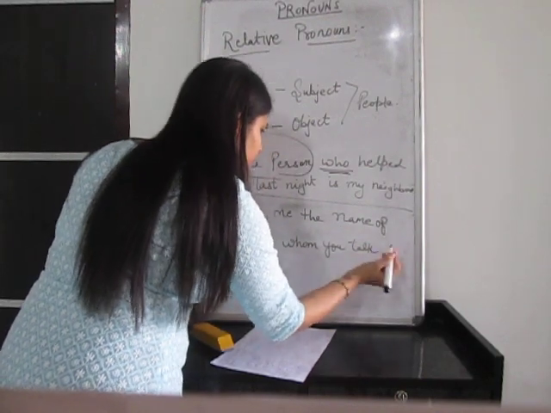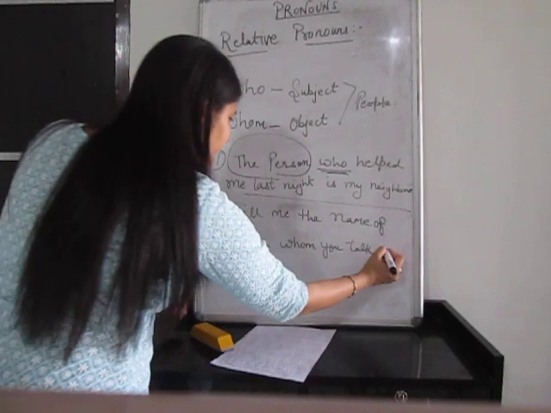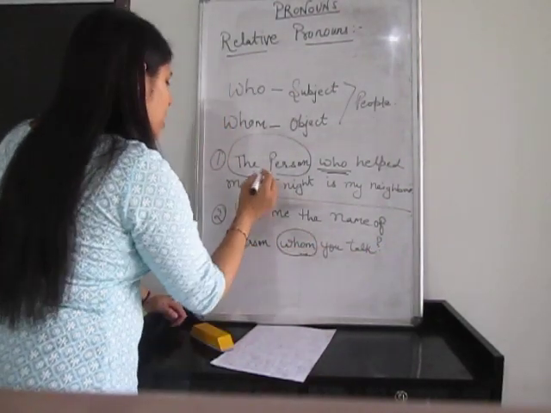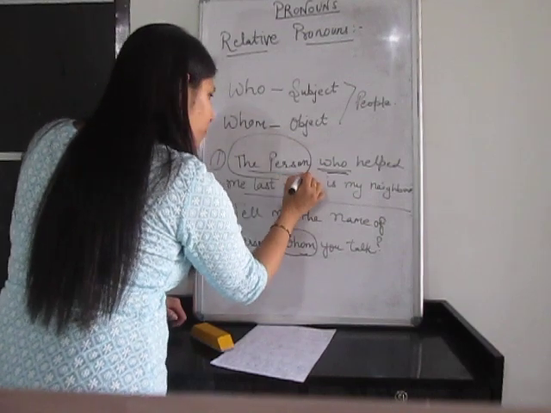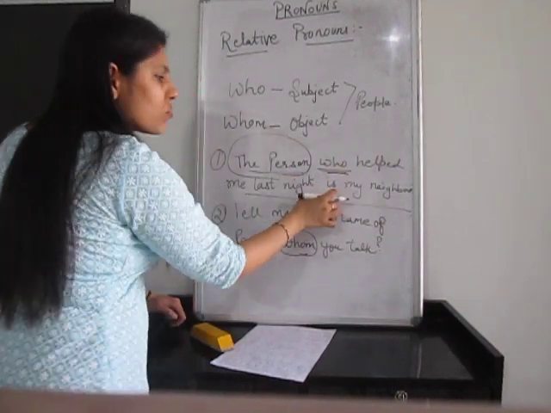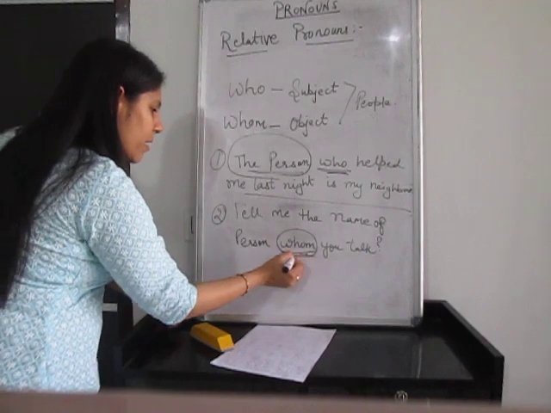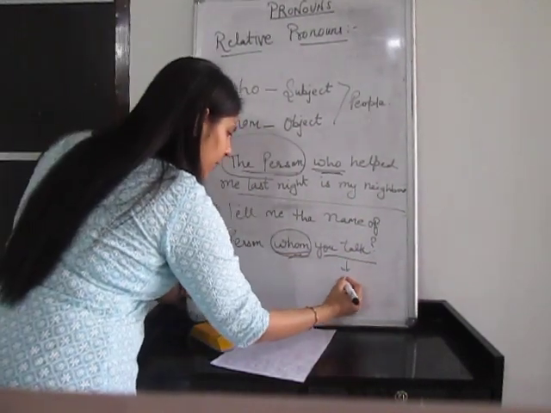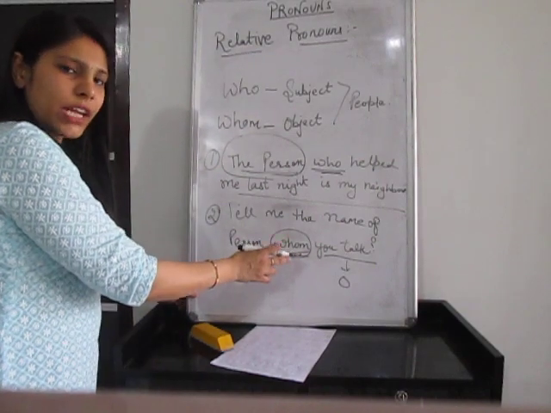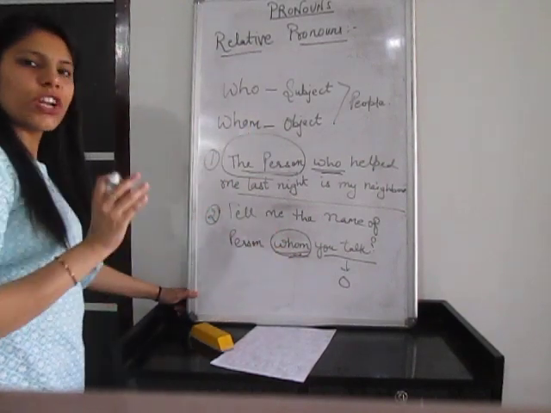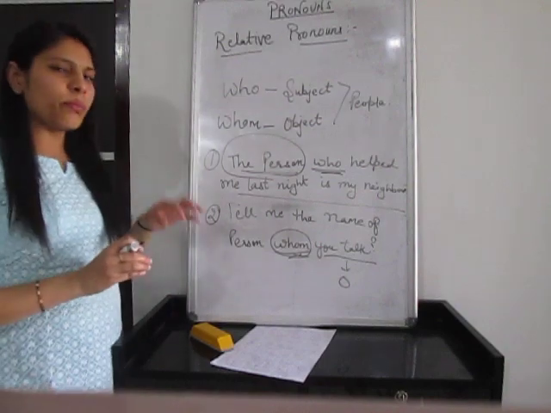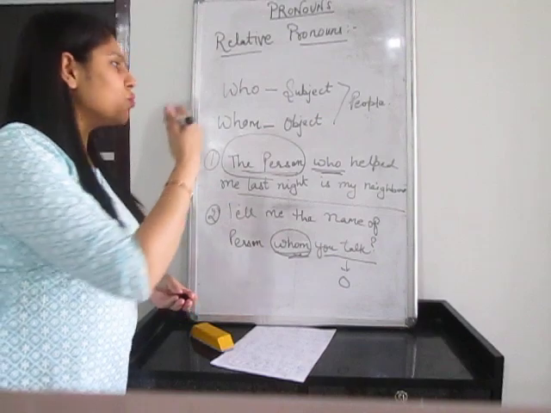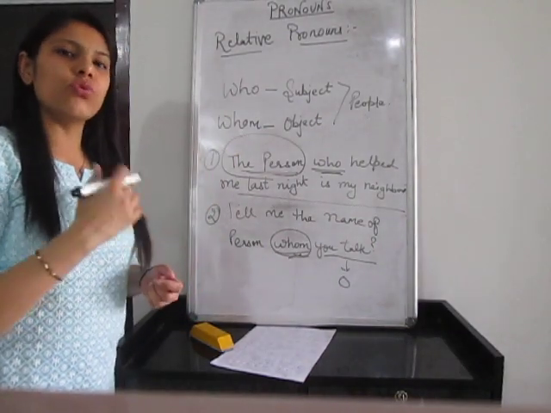Tell me the name of the person whom you talk. So here whom is used; this is our subject and we use a relative pronoun to connect it. Whom here, whom you talk, is our object in the sentence and it is connecting it. So it is clear where we use who and whom: they are used for people. When we join a subject, we use who, and when we join an object, we use whom.